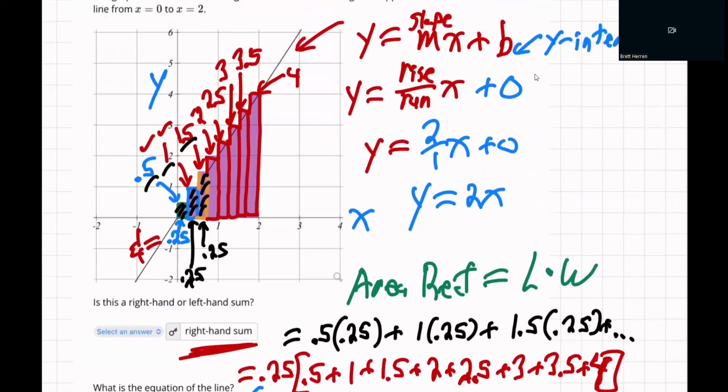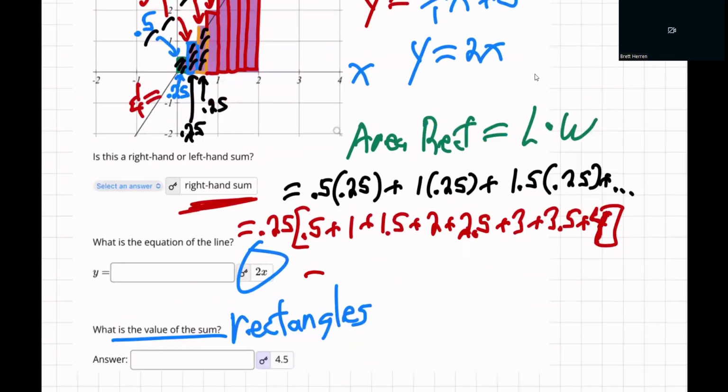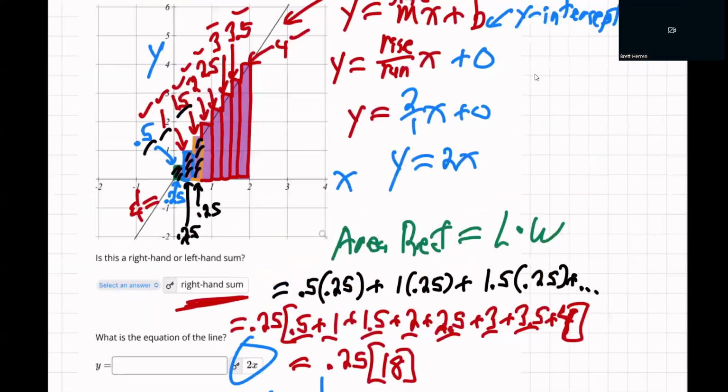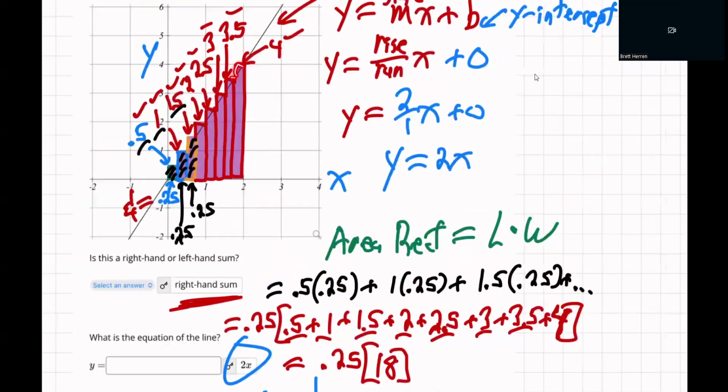Add these up. What's that going to be? You could use Desmos. 0.5, 1.5, 3, 4, 5, 6, 7.5, 10.5, 11, 12, 14, 18. 18, but then times a fourth, 0.25: half of that would be 9, half again would be 4.5. That's the right answer. So the total area of all the rectangles is 4.5, which is more than the area under the line, because they're sticking above it a little bit. And so there we go.